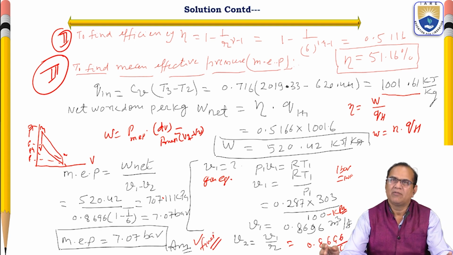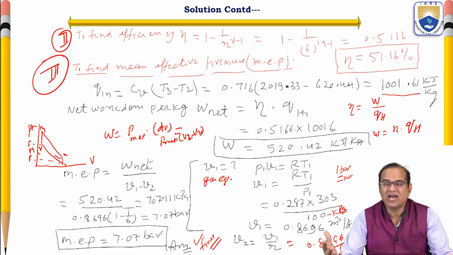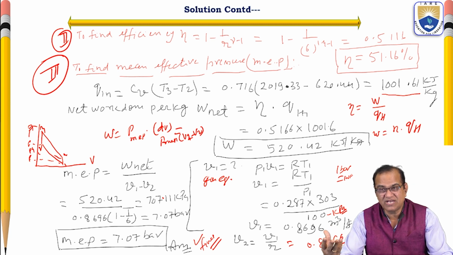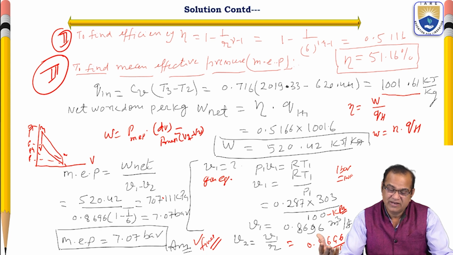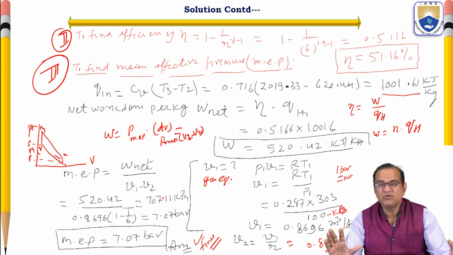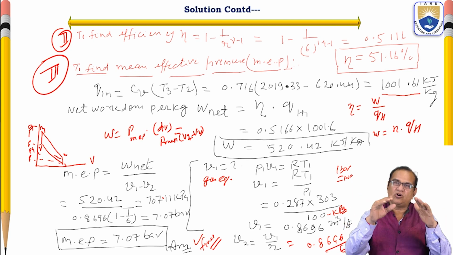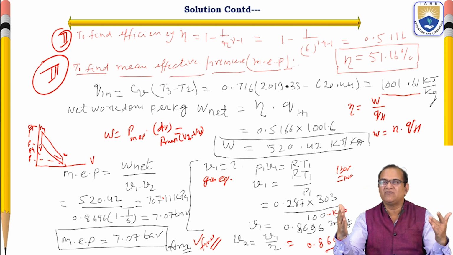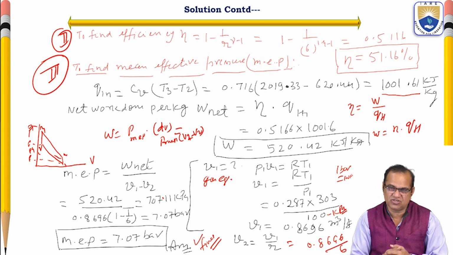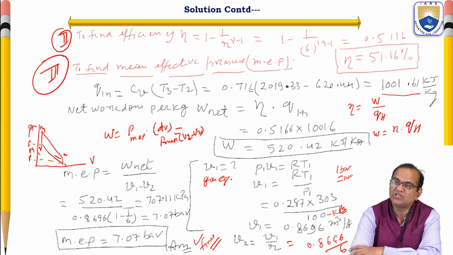So I think by this numerical we are able to understand how to find out the state positions if we know the initial point and somewhere in between the maximum temperature, maximum pressure or heat supplied. If you know the heat supplied, from QH equal to Cv (T3 minus T2) we can find out T3.